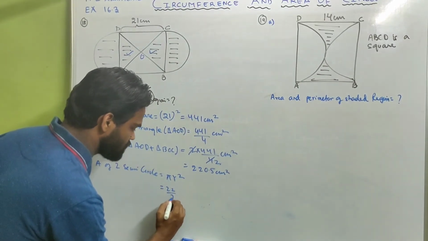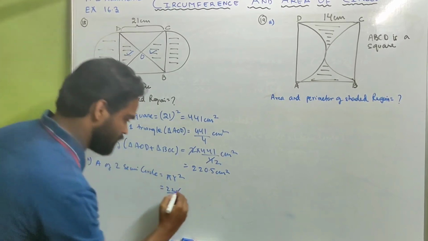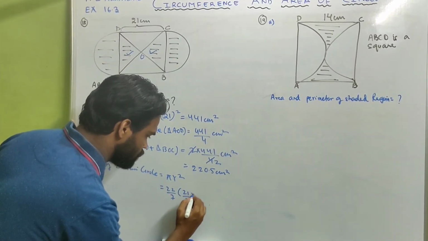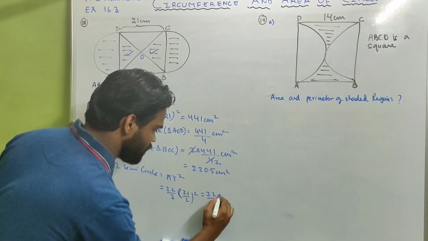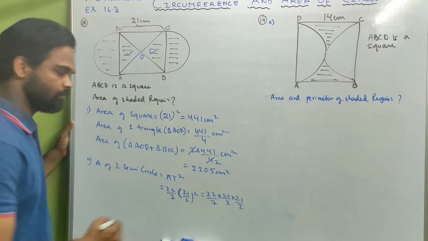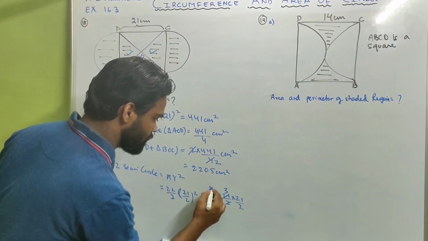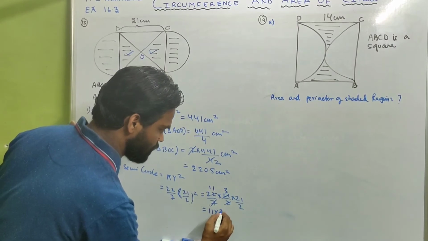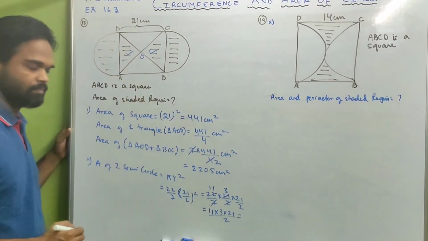That's 22 by 7 in r square. R is how much? See, 21 is the diameter, so that's 21 by 2 whole square. So that's 22 by 7 multiplied by 21 by 2, 1 by 2. Am I clear? That's 7 1s are, 7 3s are 21. This is 11 times, that's 11 multiplied by 3 multiplied by 21 by 2. Am I correct?